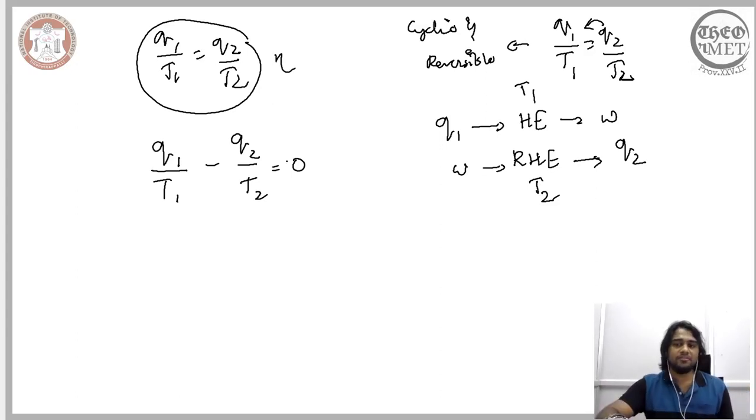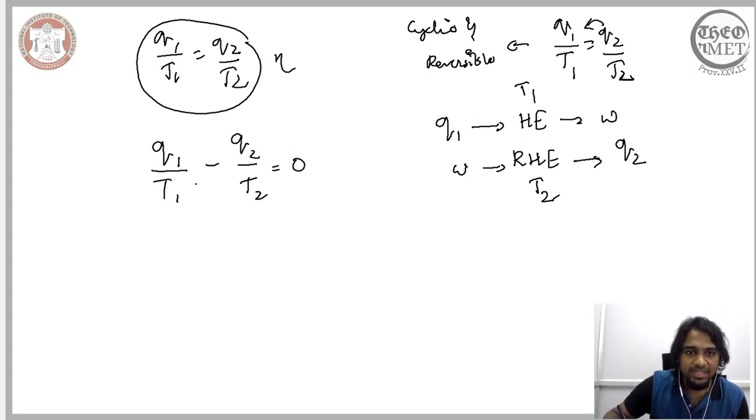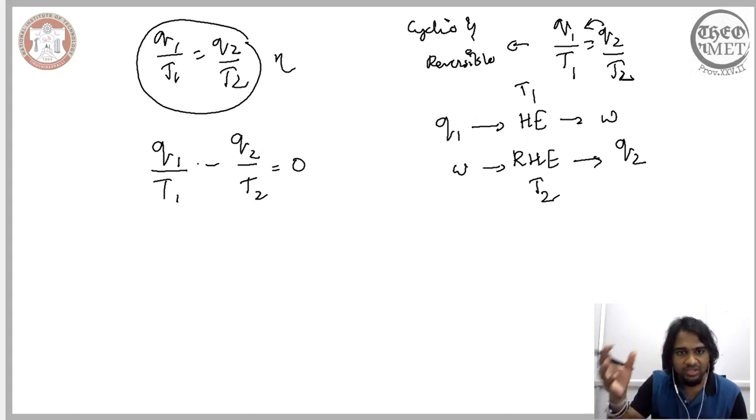So we have seen that this relation, which we arrived at by relating the efficiency, holds true for a cyclic and reversible reaction. From this expression, what you are doing is summing up the heat transfer and the associated temperature.